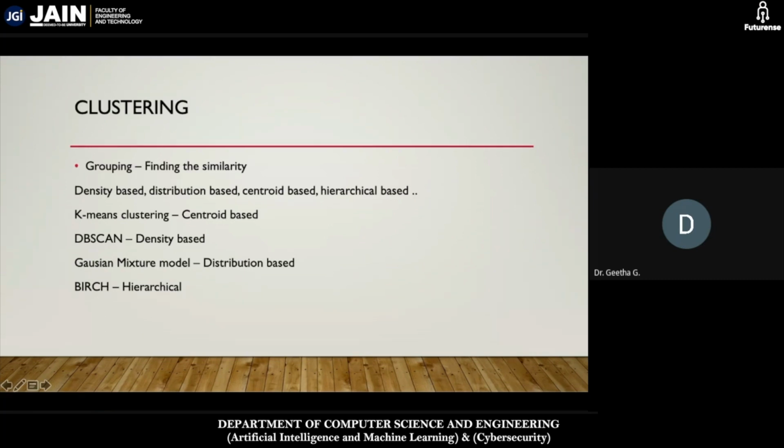The other alternative could be to apply 2 or 3 clustering techniques together. Or another option is to take an existing algorithm, make modifications in it, and create a new algorithm for clustering. So these are some of the options you have for solving the clustering problem.